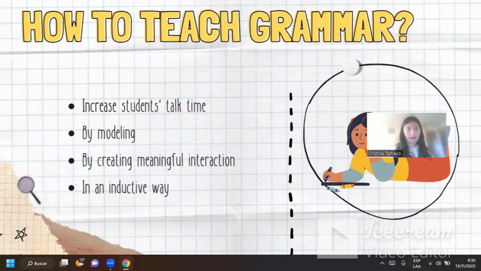In an inductive way, I mean that the students can discover the grammatical structure by themselves, not teach, for example, subject, verb plus complement. No, try to do it in an inductive way so that they can discover what the subject is, what the verb is, what the complement is.